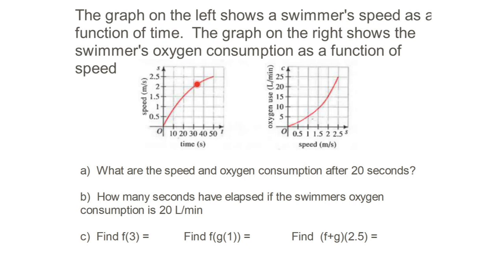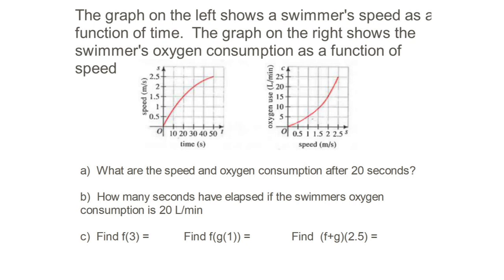Okay. The second graph shows the swimmer's oxygen consumption as it relates to their speed. So here, if their speed is 0, they're not using much oxygen. I guess they're holding their breath. I don't know. Okay, but as soon as they start swimming, and the faster they start swimming, then their oxygen use starts to increase.